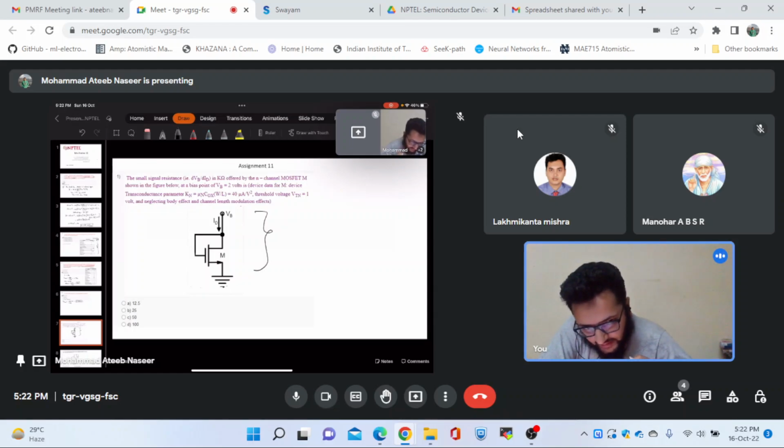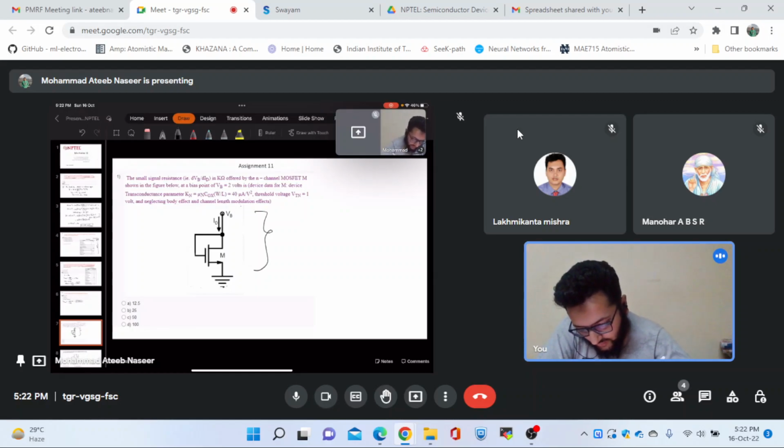And we have been given the transconductance parameter, that is mu Cox W by L, equal to 40 micro ampere per volt square, and the threshold voltage is equal to 1 volt. And we have been told to neglect the body effect and the channel length modulation effect, so we will not have it in our small signal model.